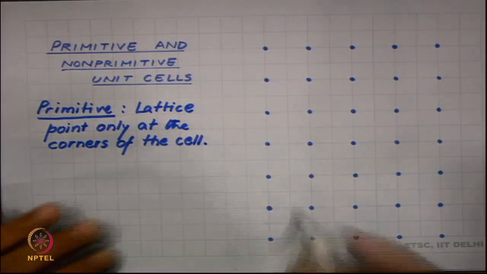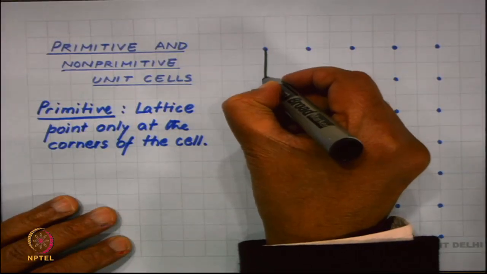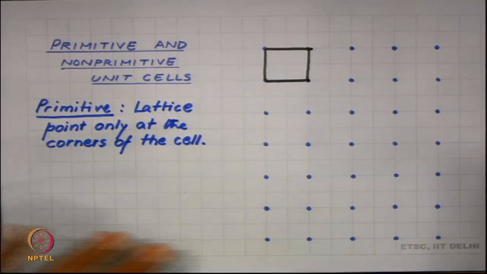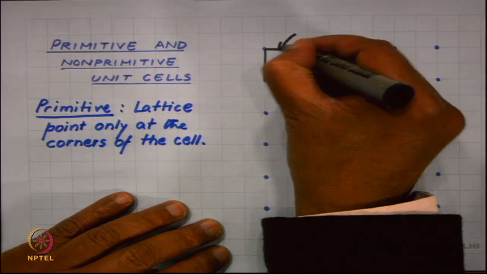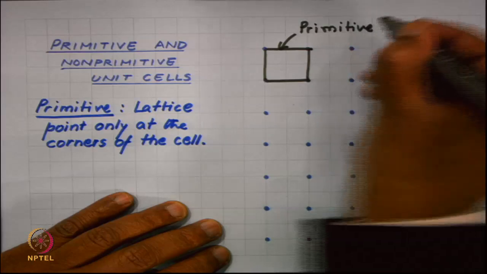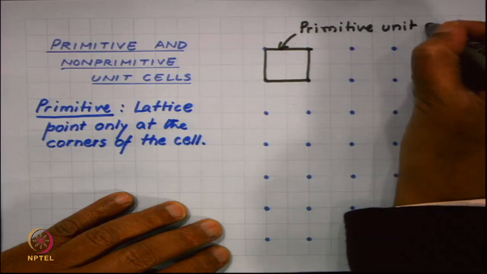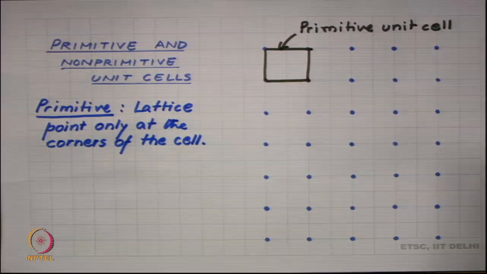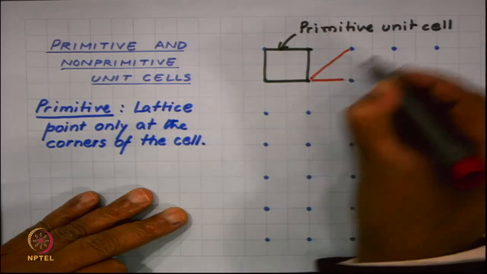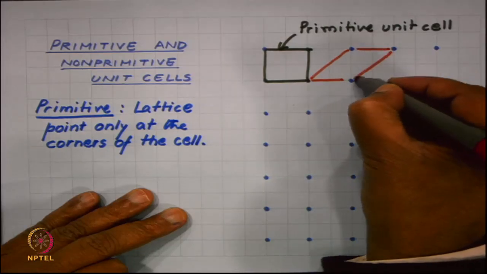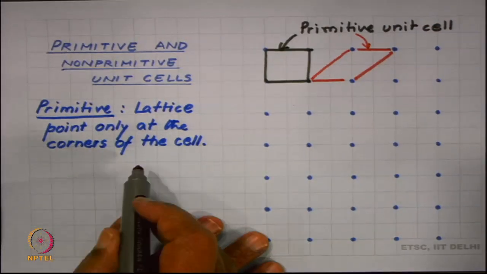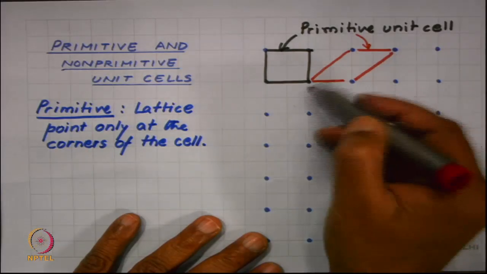So, we have already seen, for example, the square unit cell which we selected will qualify as a primitive unit cell. The red unit cell, the parallelogram unit cell, is also a primitive unit cell, because by this definition this also has lattice points only at the corners.